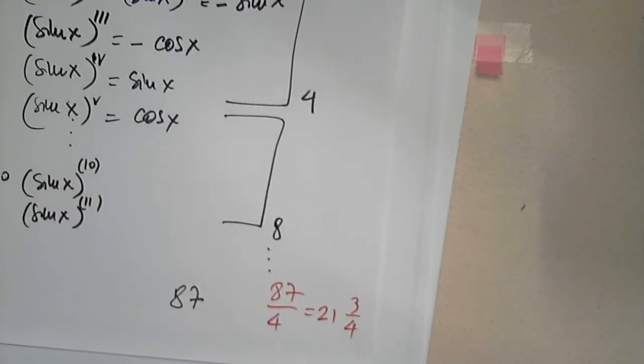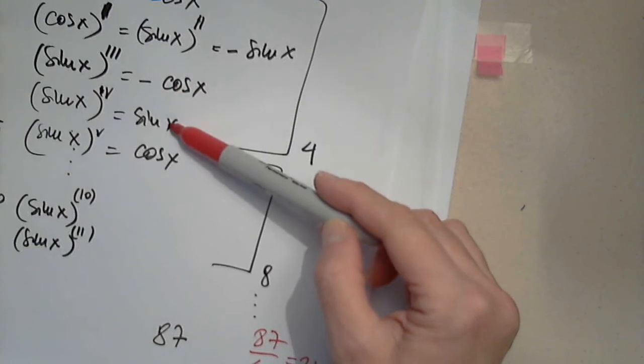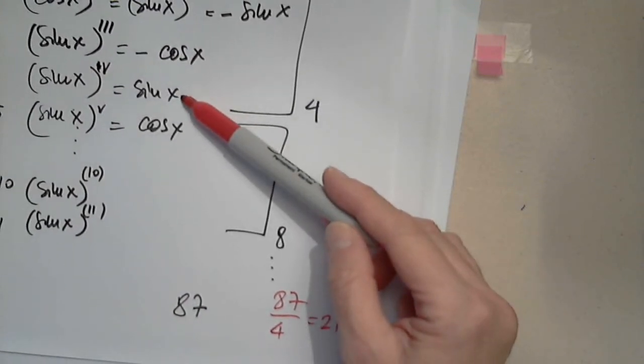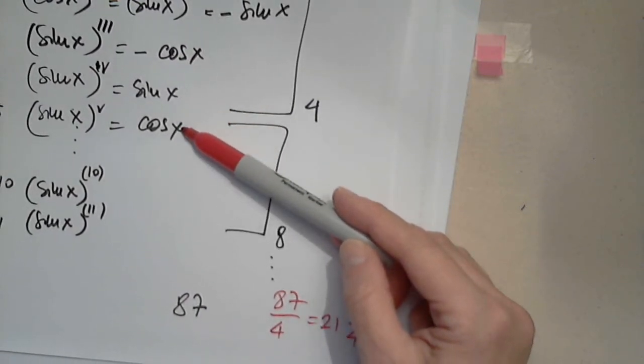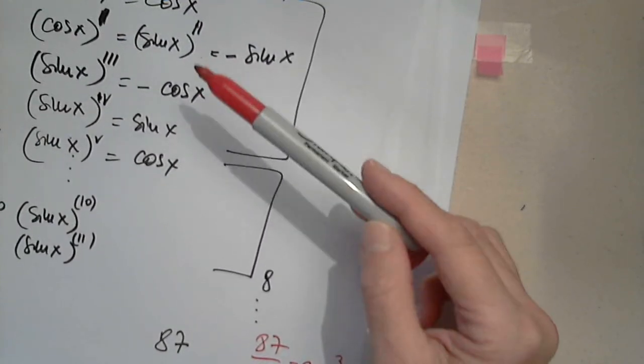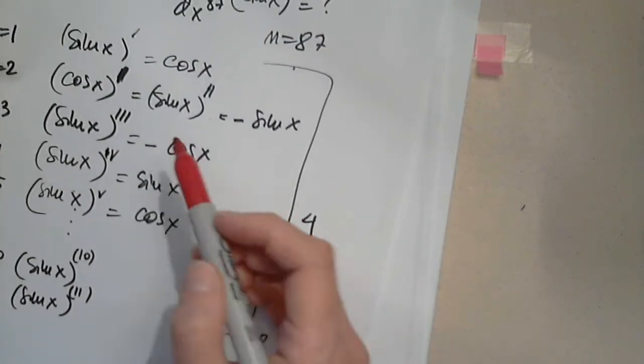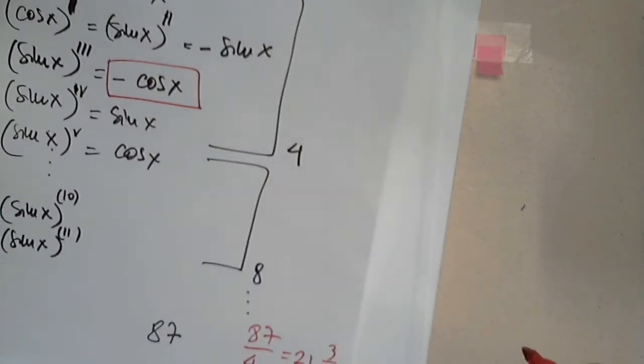Okay, so 21 will be this, 22 will be this, 23 will be this. So 21, 22, 23, that's the third one. So it should be this.